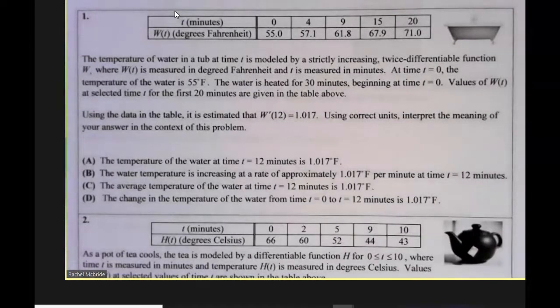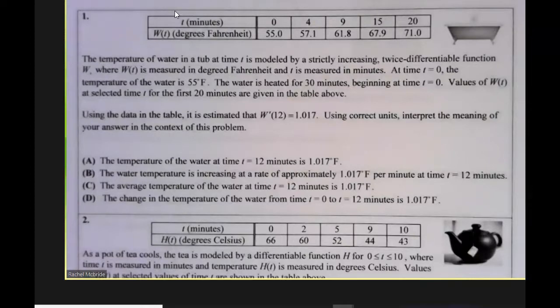So this is all about, can you read between the lines? So it says the temperature of water in a tub at time t is modeled by a strictly increasing twice differentiable function w, where w of t is measured in degrees Fahrenheit and t is measured in minutes.